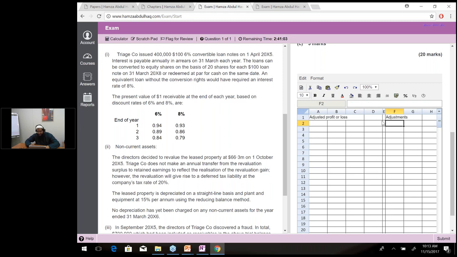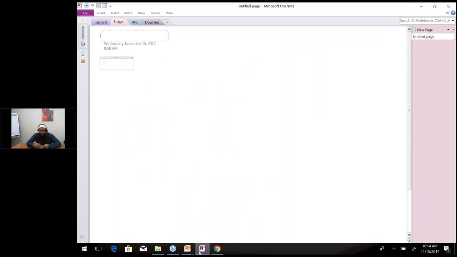So if we start calculating this adjustment, I've moved on towards the workings. I've converted it into bold using the Control B shortcut key. Now, the first step is normally to calculate the present value of all future cash flows. If I just write down over here to explain, in case of convertible loan notes, what is the accounting treatment?